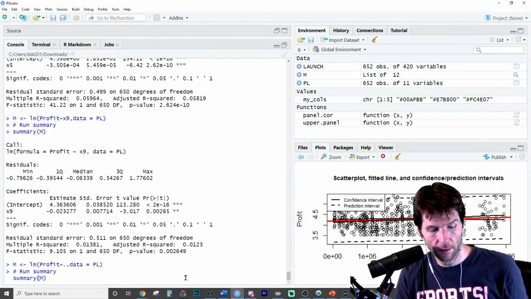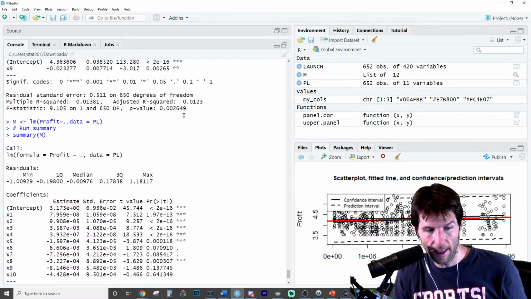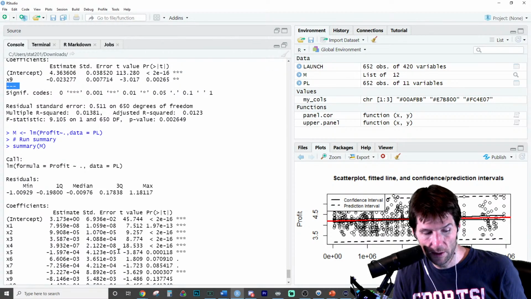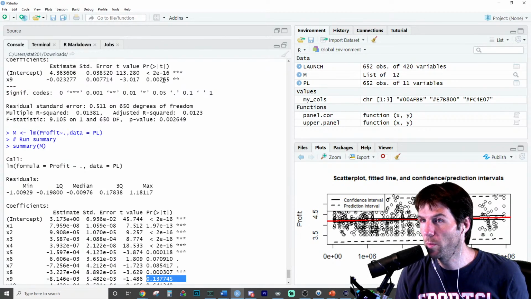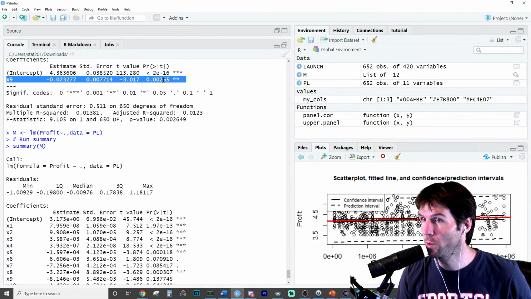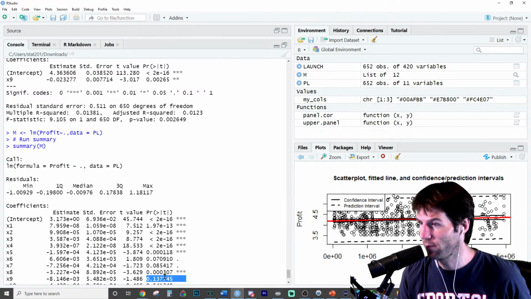And what does it mean in this simple world that X9 is statistically significant? Up there by itself, it is statistically significant. So here it is, and here it's not. Why? By itself, it was statistically significant in a model where it's working alone to explain profit. And then down here on the bottom, it is not statistically significant.